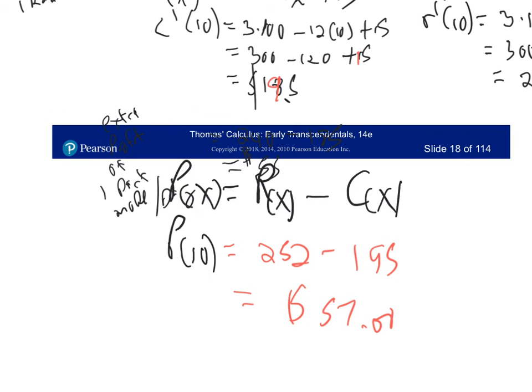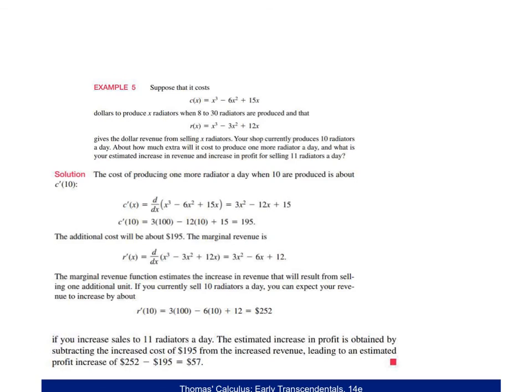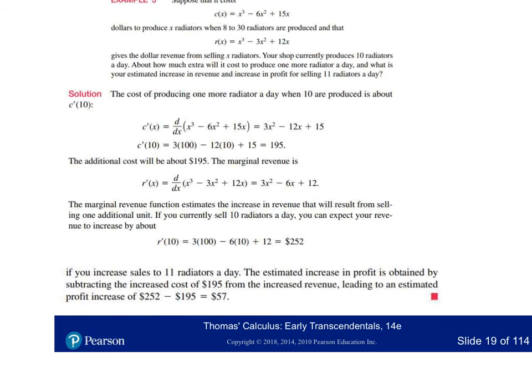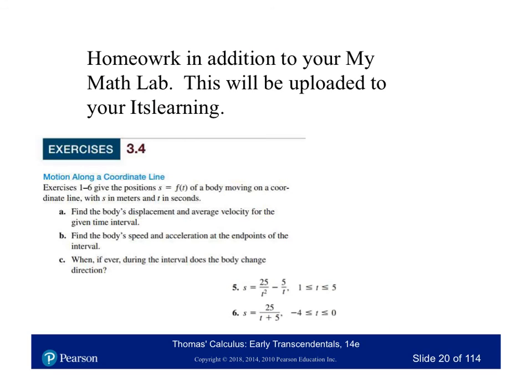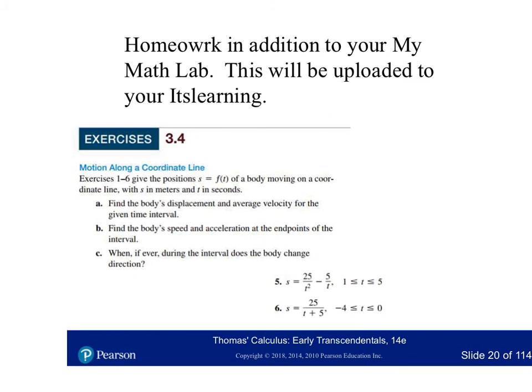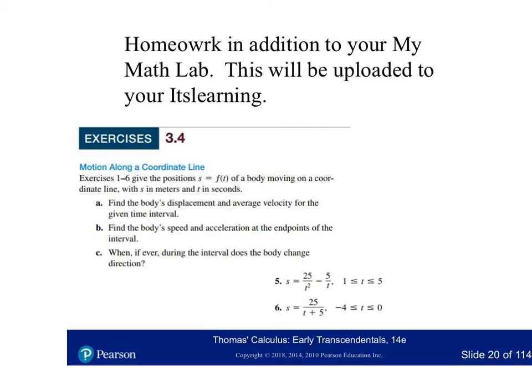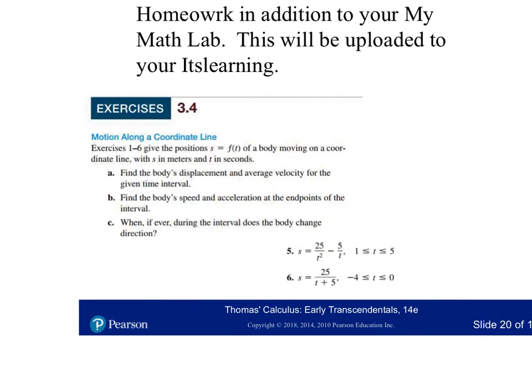And next page in the notes, okay, if you want to study the solution, they do it a lot better than me. In addition to your math lab homework, you're going to have a couple problems from the textbook. It's exercises 3.4.